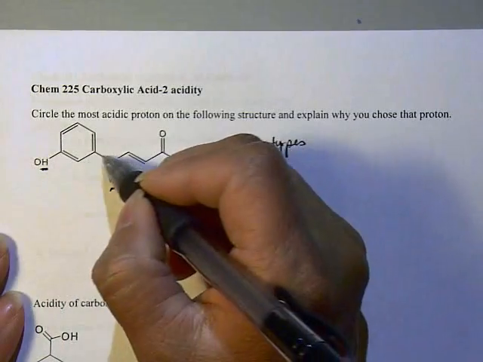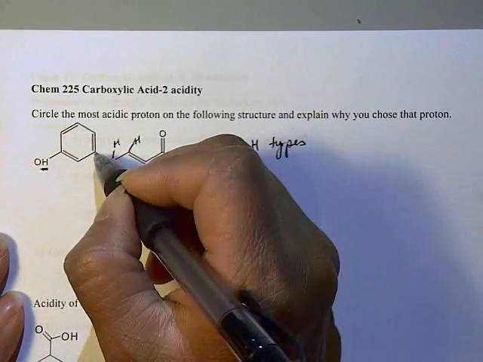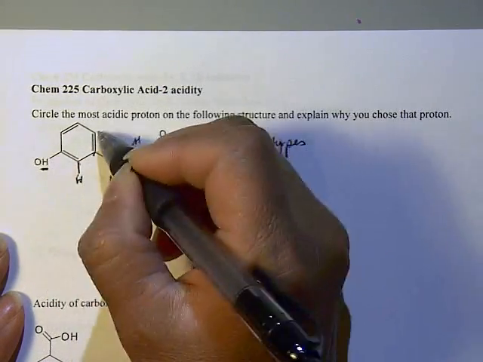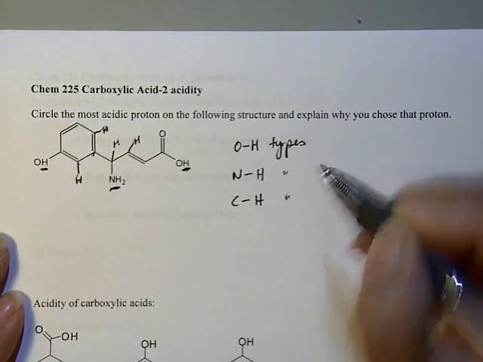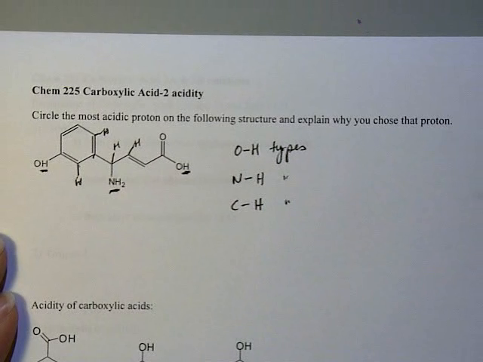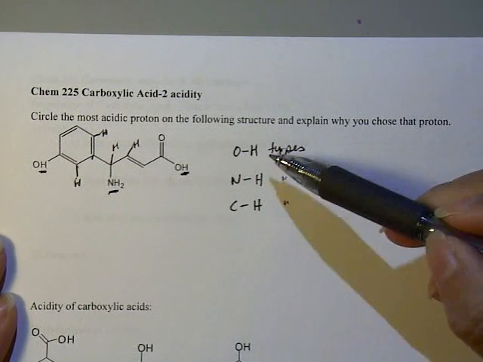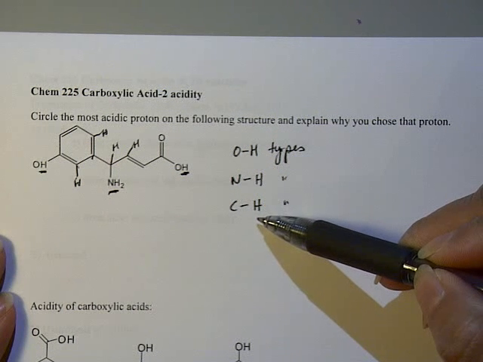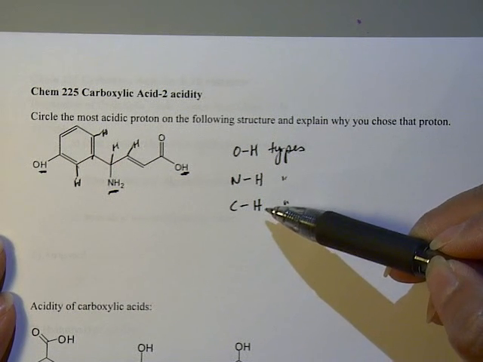And then remember, I did not draw any hydrogens in, but all these carbons have hydrogens on them, right? So we have a CH type as well, okay? So in general, if you're just looking at the OH versus NH versus CH, you should be able to zoom in on one being a more easily removable hydrogen than the other, all right?